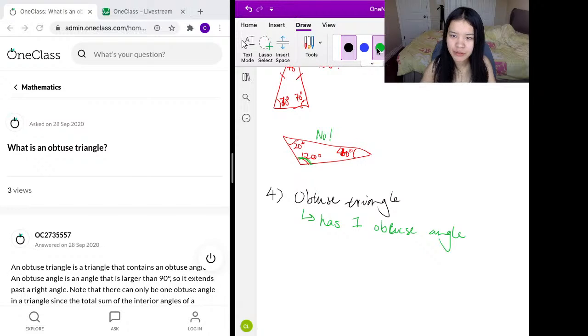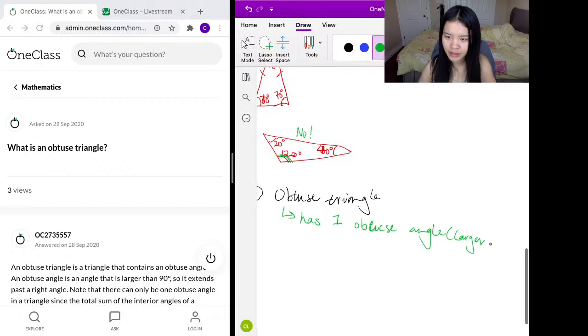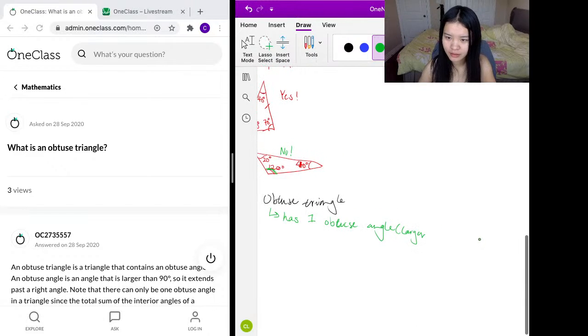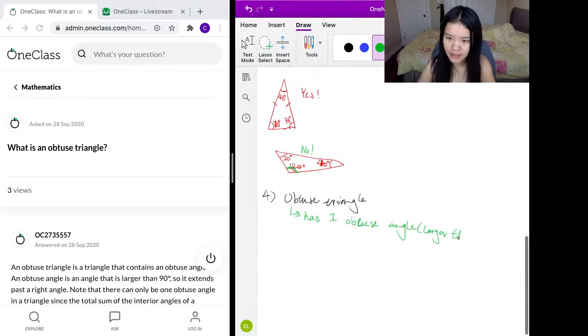And then what is an obtuse angle? An obtuse angle is just an angle that measures more than 90 degrees. So larger than 90 degrees.